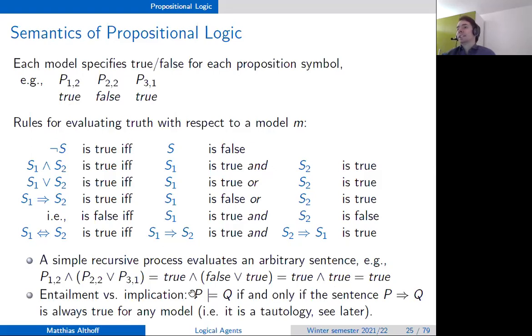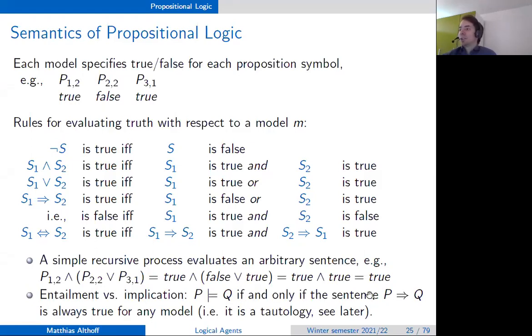Now regarding the discussion, what's the difference between entailment and implication? Implication says that if S1, for instance, is true, then also S2 is true, but it's also true if S1 is false, so if the premise is false. And the difference is that P entails Q if and only if the sentence P implies Q is always true for any model.